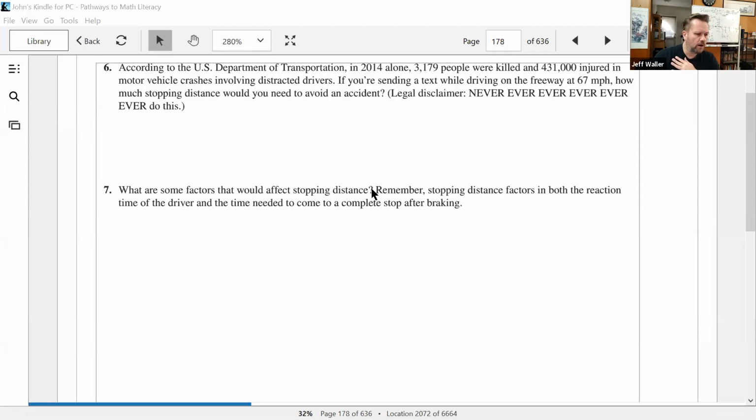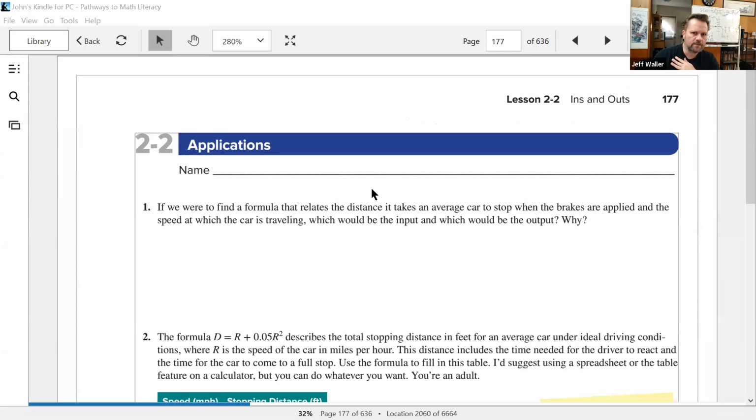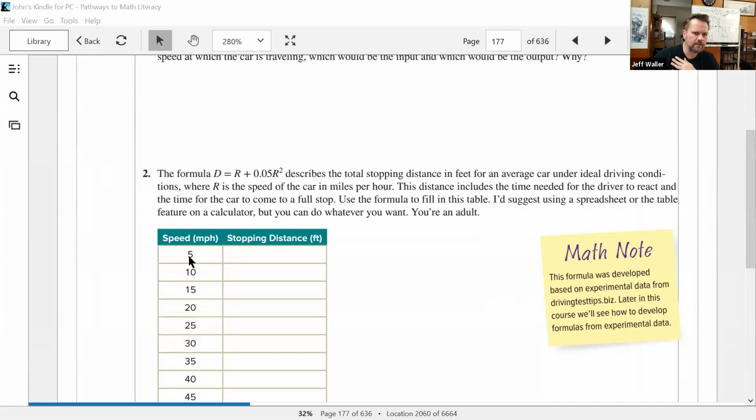I want you to realize, is the speed the only variable that would affect somebody's stopping distance? No, right? Even ignoring the fact that you could have different tires, different cars, you have people with different reaction times.